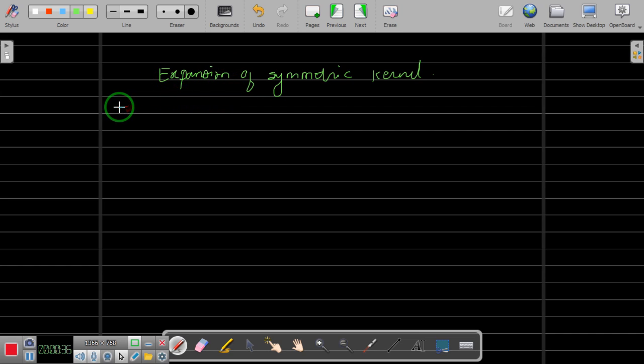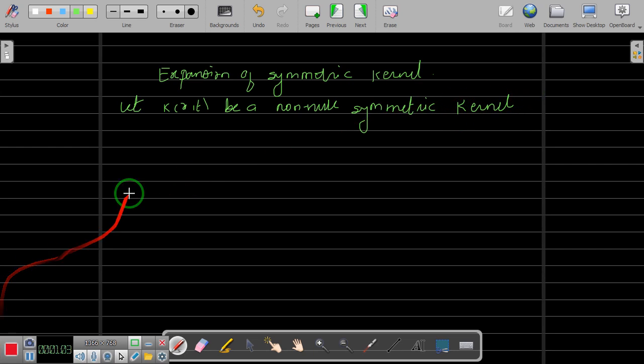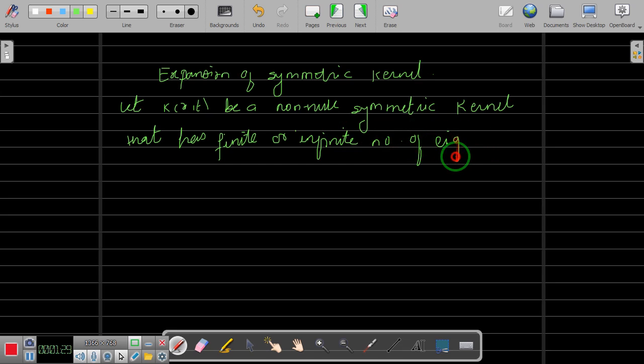Suppose you have a symmetric kernel. So let a(x, t) be a non-null symmetric kernel that has finite or infinite number of eigenvalues.